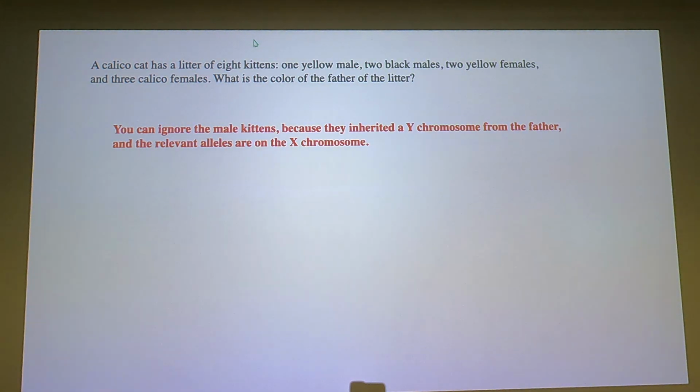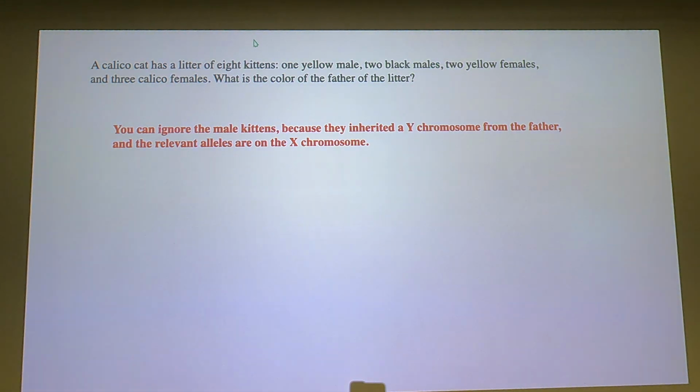Just ignore the male kittens, okay? They inherited a Y chromosome from dad. And Y chromosome doesn't transmit pigments. So the male kittens, they're going to tell us absolutely nothing about what kind of X chromosome the dad has. So this one, just scratch it off. That one, just scratch it off.